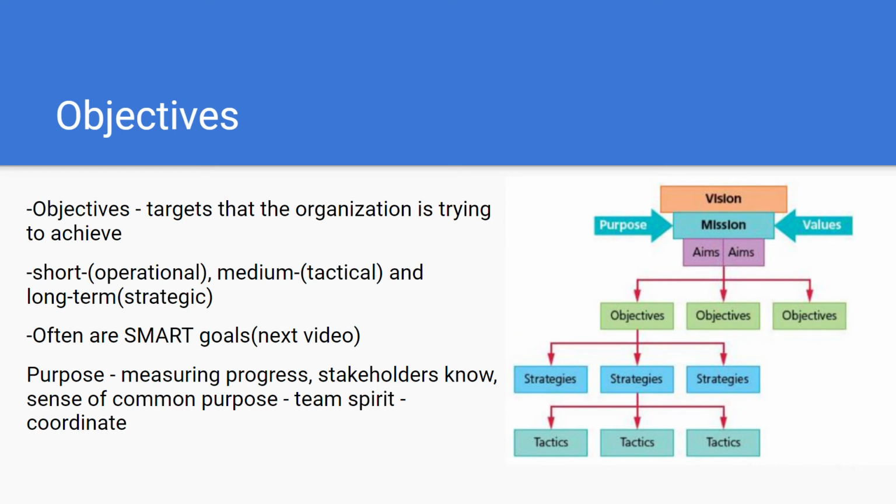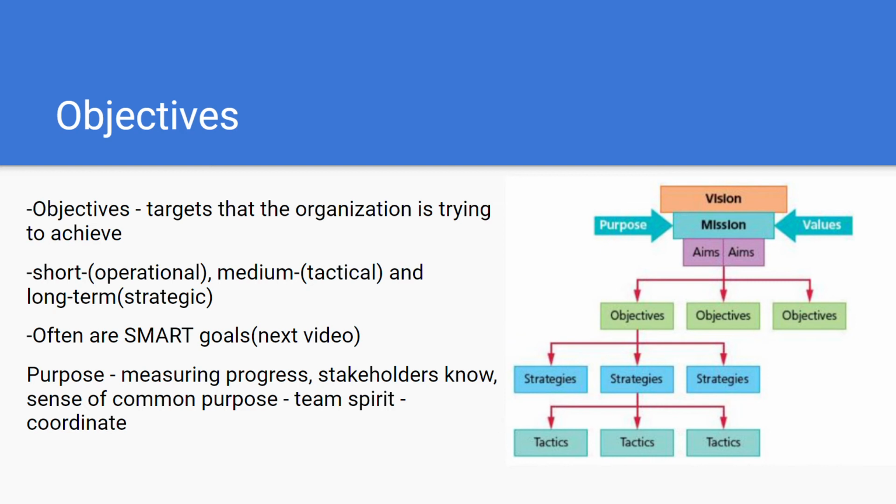Then objectives. There's a lot to objectives, but just in short, because I don't see too many questions on the different types of objectives. The term broadly means the targets that the organization is trying to achieve, and it's derived from the big aim.